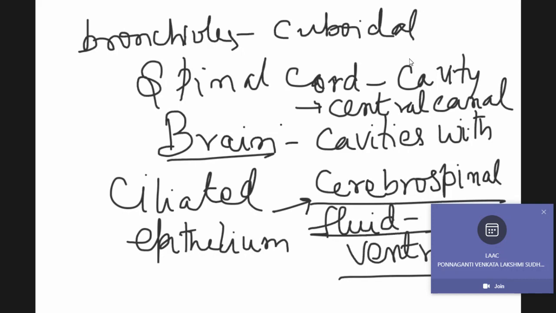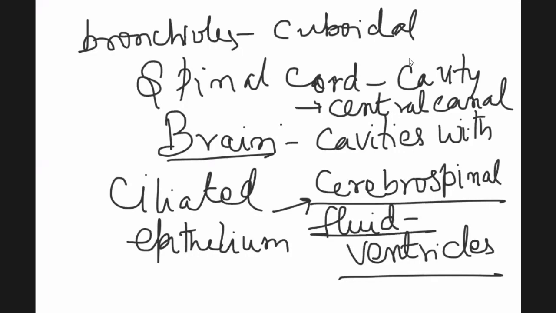So in the central nervous system, that is the brain and spinal cord, these two represent the central nervous system. They have cavities in which a fluid is there, cerebrospinal fluid. Okay?